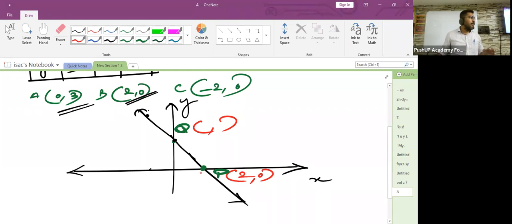And what would be the coordinates of point Q? Yes, Prajwal? 0, 3. Children, if the point lies on the x-axis, the y coordinate will be 0. And if the point lies on the y-axis, x will be 0. Make sense? So this is your answer for point P and point Q.